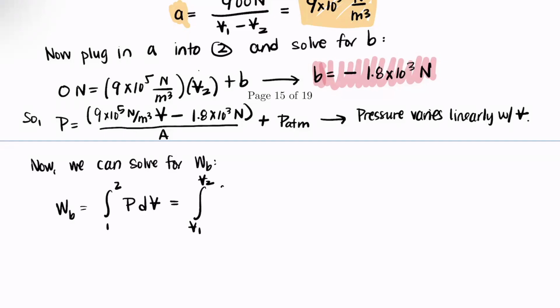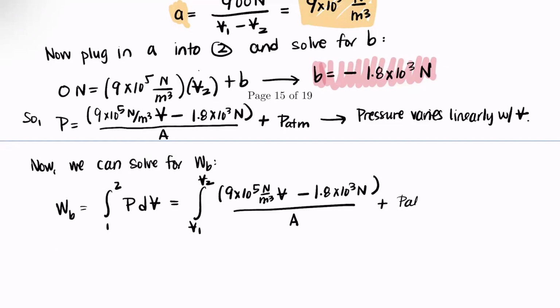So we have 9 times 10 to the 5th newtons per meter cubed times volume minus 1.8 times 10 to the 3 newtons divided by our area plus P atmosphere. That whole quantity is integrated over dV.